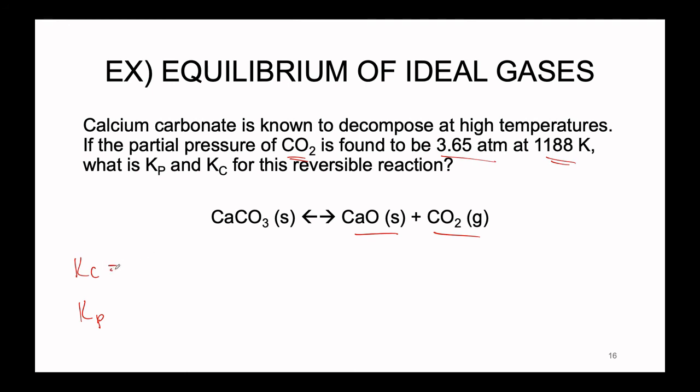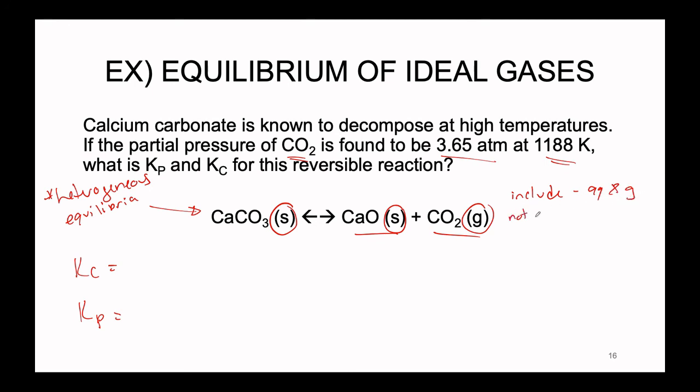Well, our Kc and our Kp expressions, let's just write out both of them, observing our reactants and products, and maybe that'll give us a clue as to how we're supposed to progress in this problem. When writing out our Kcs and our Kps, we learned back when it came to heterogeneous equilibria, which is exactly what we're working with, that if all of our species are not in the same phase, we are only going to include aqueous and gaseous species.